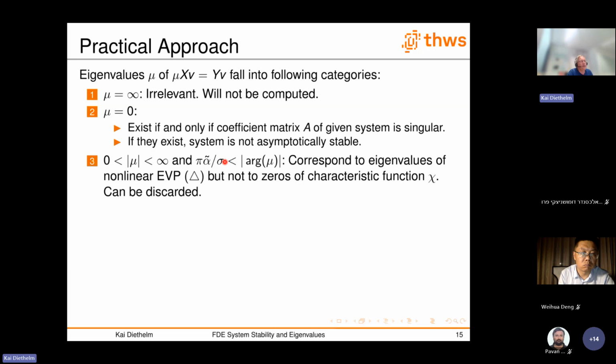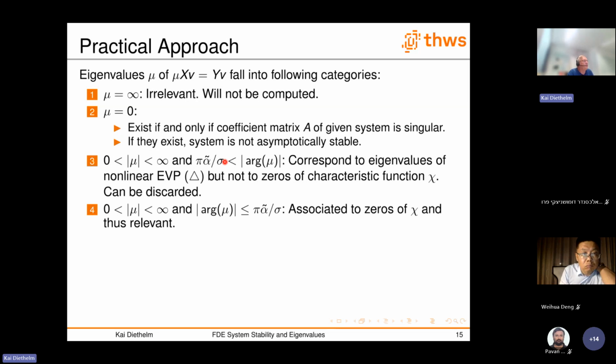It turns out that these eigenvalues come into consideration because of the substitution of variables that we introduced a few steps earlier. Those eigenvalues do not belong to zeros of the characteristic function. They are eigenvalues of the nonlinear eigenvalue problem, but they are not zeros. They do not correspond to zeros of the characteristic function. And that means we can discard them.